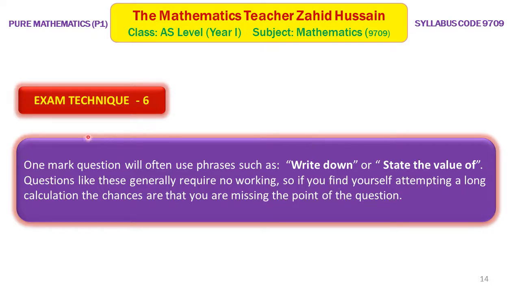So when the question has 1 mark and is asked using these phrases, it means the question does not require any long working. You can do 1 or 2 steps for your convenience, but long working means you are not understanding the question.